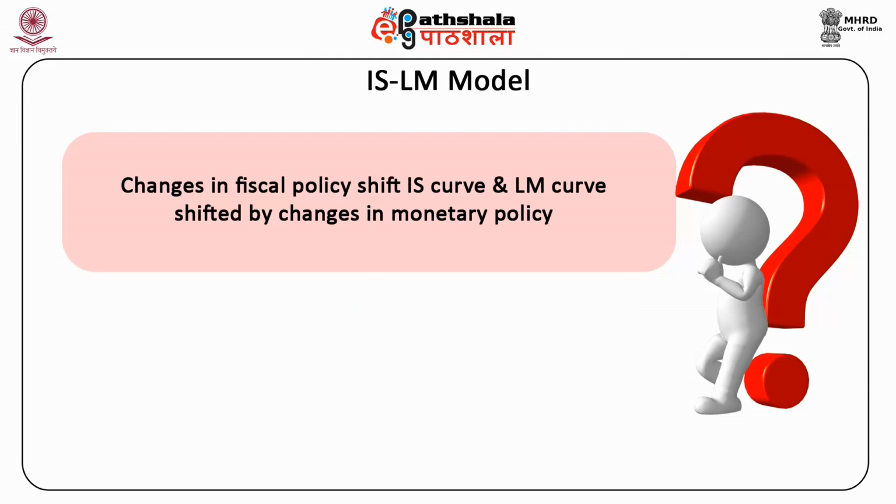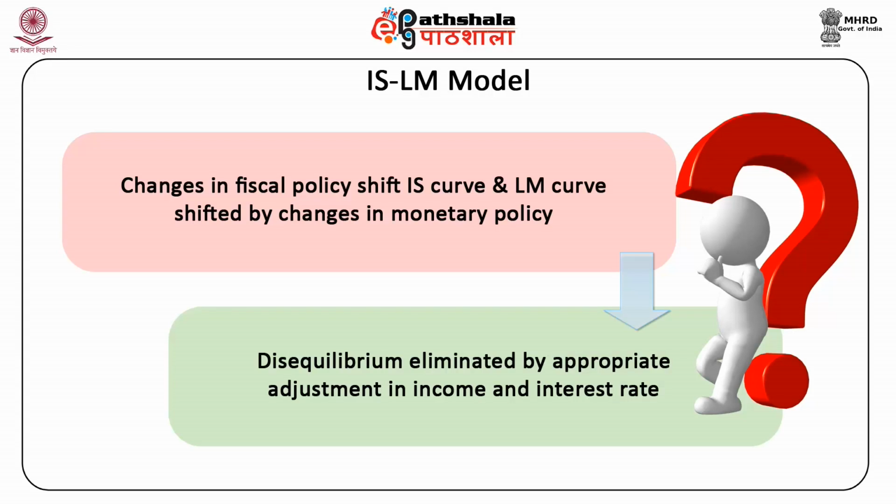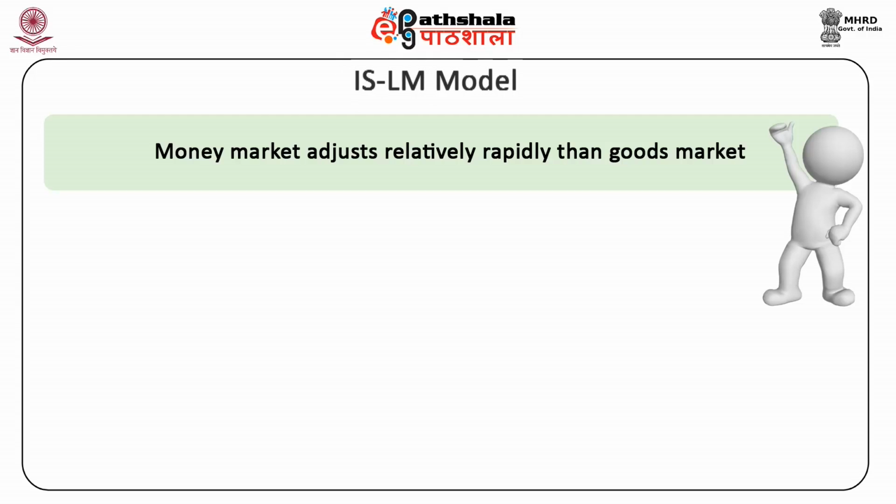The changes in fiscal policy shift the IS curve while the LM curve is shifted by changes in the monetary policy. This disequilibrium is eliminated by appropriate adjustment in income and interest rate. Money market adjusts relatively more rapidly than the goods market.